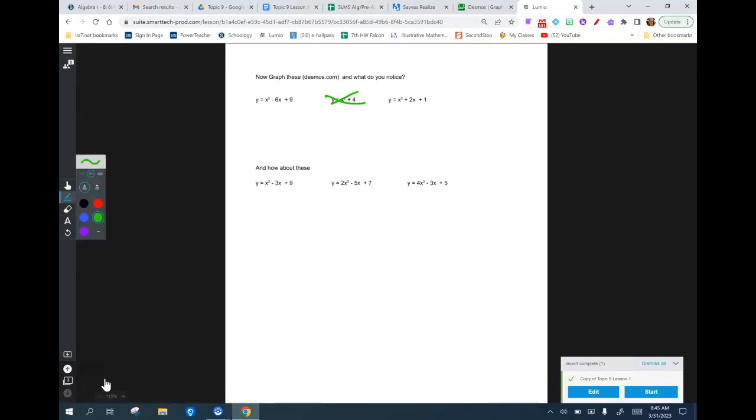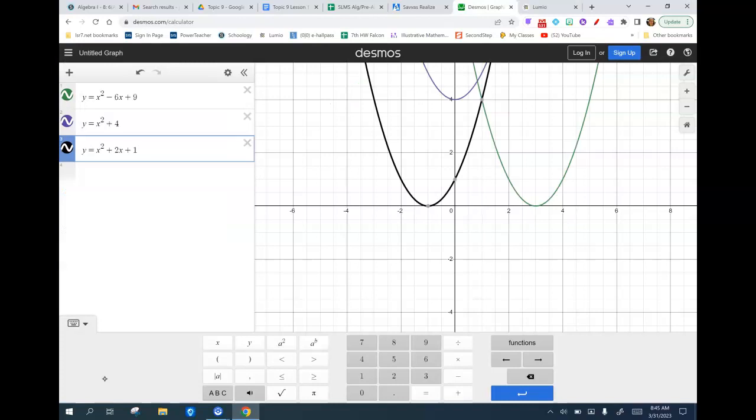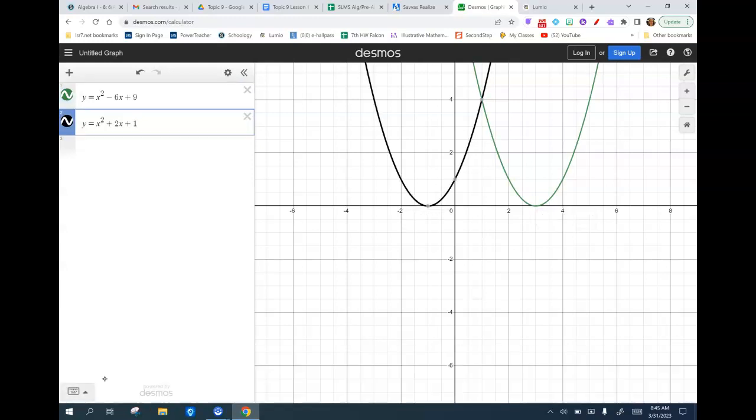Graph these other two. When you graph these other two, you're going to come up with graphs that look like this. Notice what happens. It hits the x-axis once. So what do you notice about the solutions? Well, if my x-intercepts are my solutions, I'm only going to have one solution because I'm only going to hit the x-axis once. So let's go back and put that.